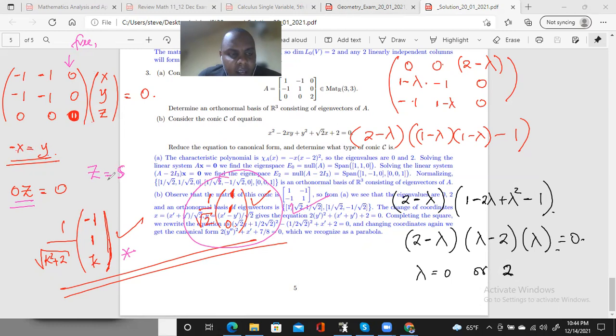Negative x and y have nothing to do with z, so they are going to form the basis vector negative 1, 1, 0, because they are not functions of z. And then the other one is going to be 0, 0, and then our z, 1. So we are going to have that one, and then this one, and then we can normalize it by putting 1 over square root of 2. Like that.